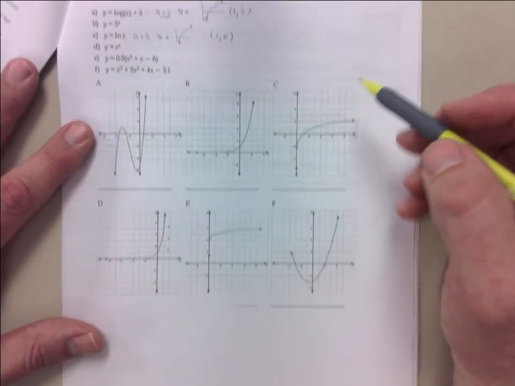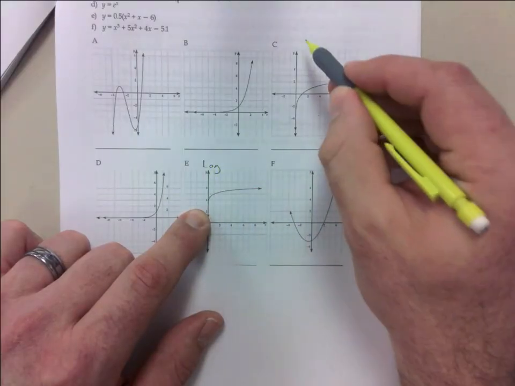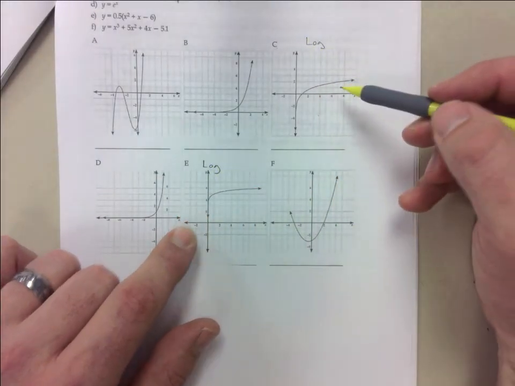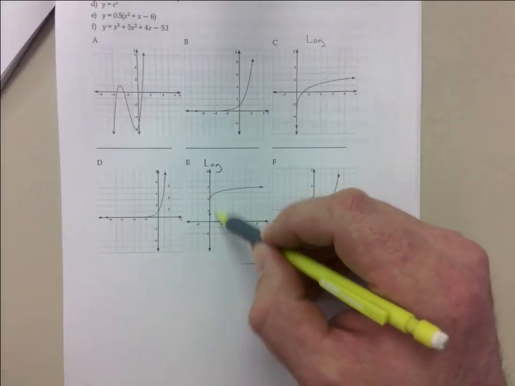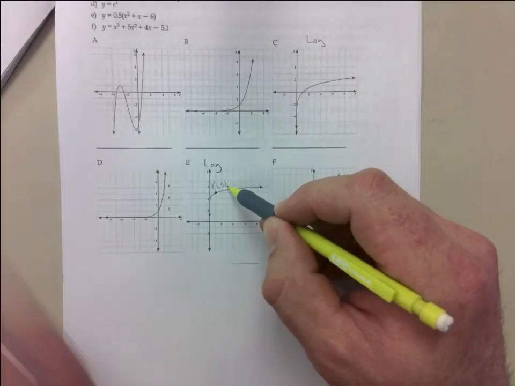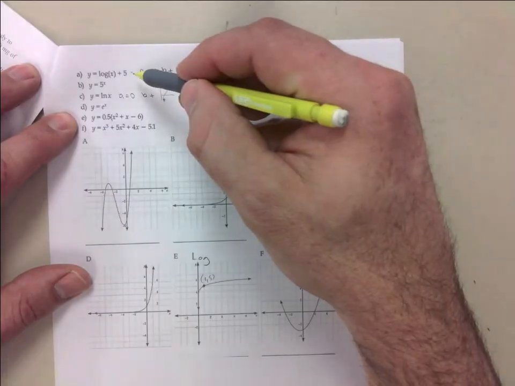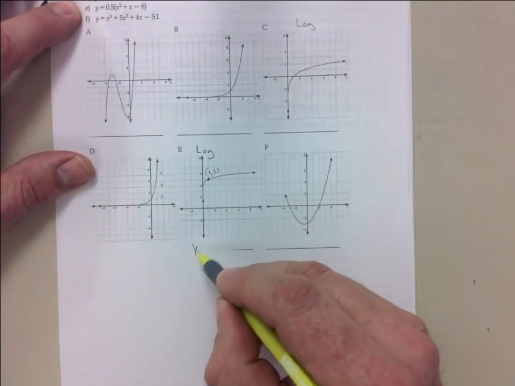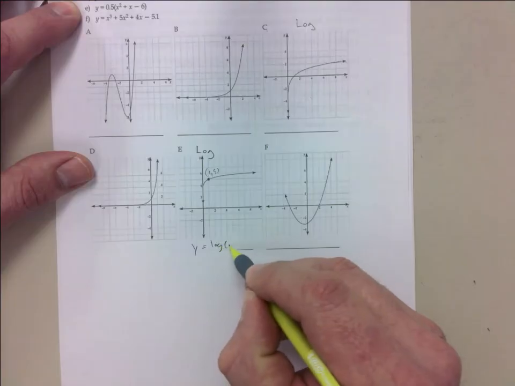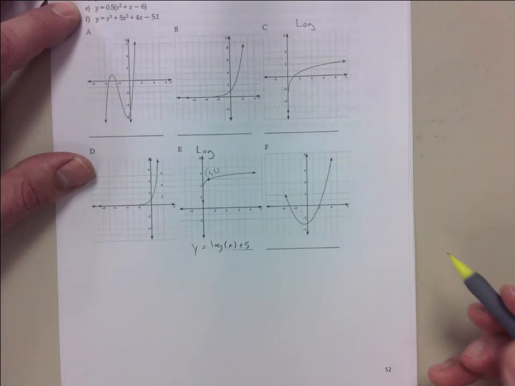So let's go and find our logs. These two are logs, right? Logarithmic, logarithmic. 1, 5, this one is 1, 5 right here. That's why I'm going to grab this one. This one right here is going to be the equation for this. And I make you do something like this on the take-home quiz as well.